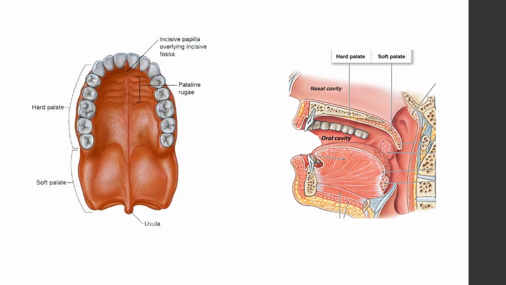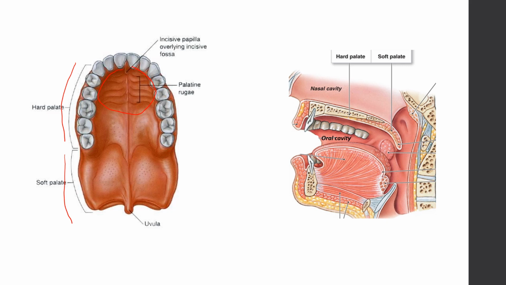Here you can see the mucosa covering the palate. The anterior 2/3 of the palate is made by the hard palate, while the posterior 1/3 is made by the soft palate. When you take the anterior part of the hard palate, the mucosa is thrown into transverse folds called the palatine rugae. These help in making the food bolus. In this part, the mucosa is closely adhered to the periosteum.